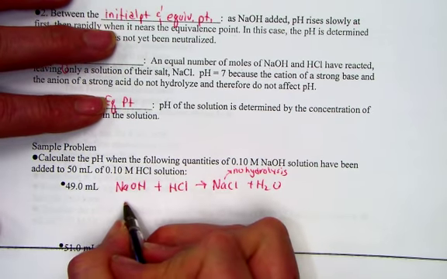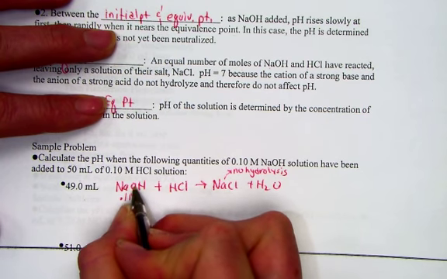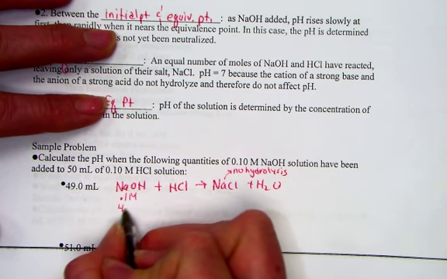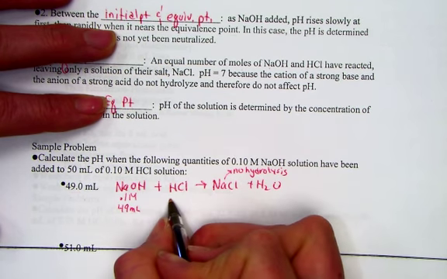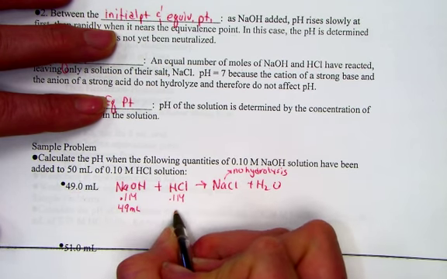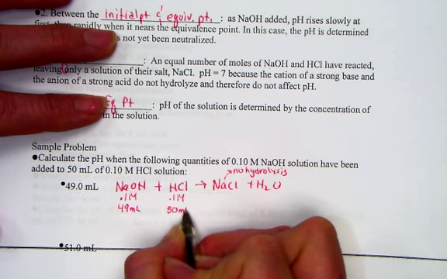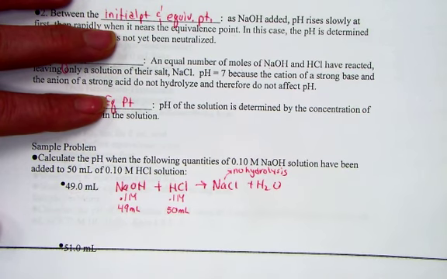We know we have 0.1 molar of the base, and we're going to put in 49 milliliters of the base, and 0.1 molar acid and 50 mL of the acid.